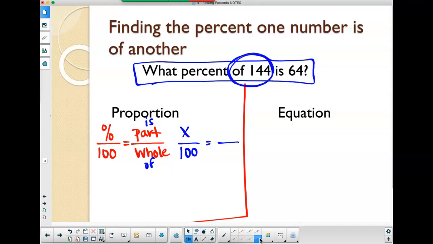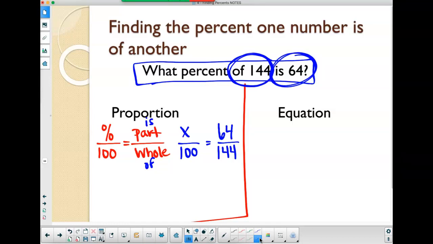That means it's out of the whole amount. So where should the 144 go, on the top or the bottom? Some of you are pointing down. It goes on the bottom. So 144 on the bottom, and is 64. Is goes on the top, so 64 goes on the top. And then we solve it.